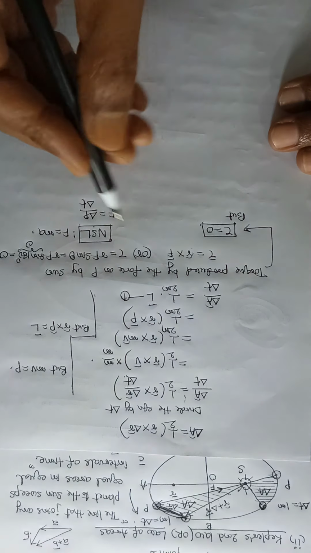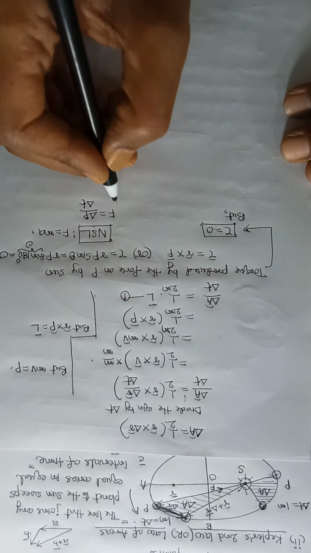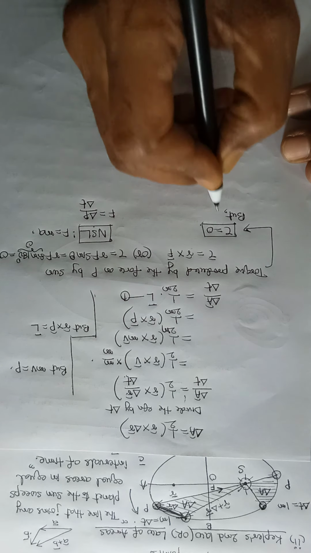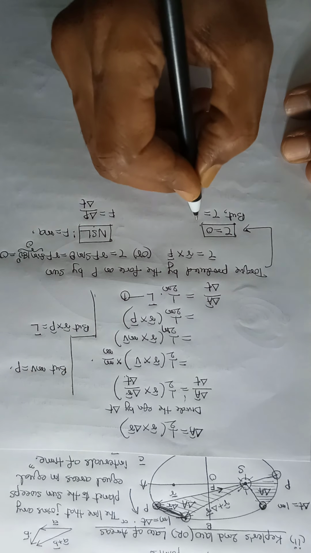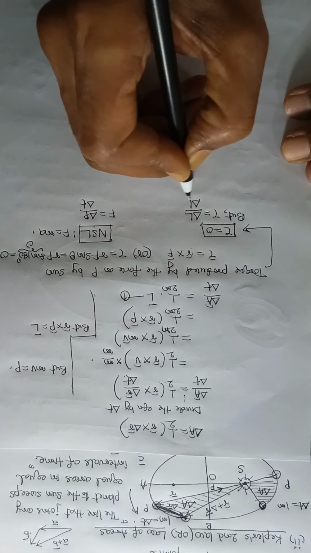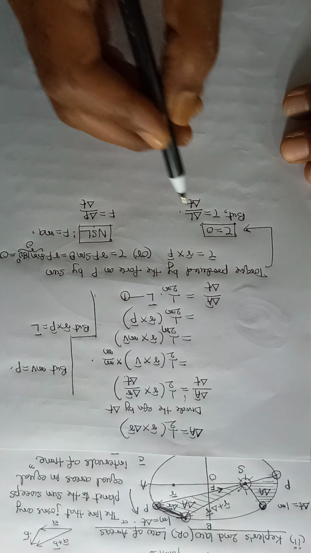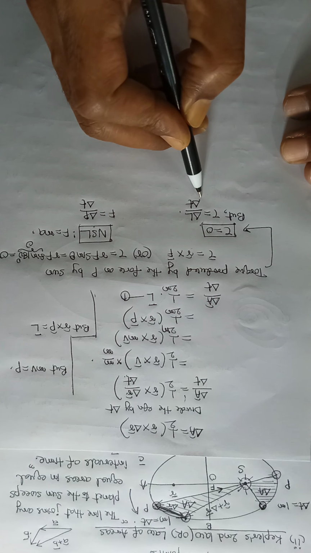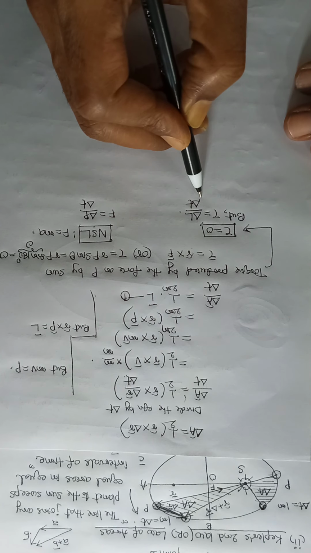For angular motion, in place of force, torque comes. In place of linear momentum, we get angular momentum. This is Newton's second law for linear motion. This is Newton's second law for angular motion or rotational motion or revolution.